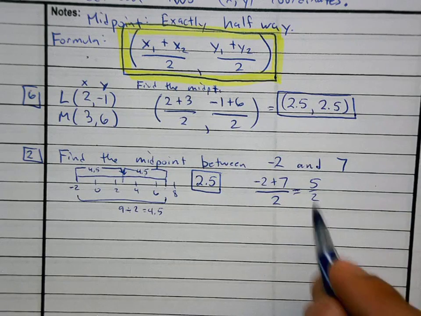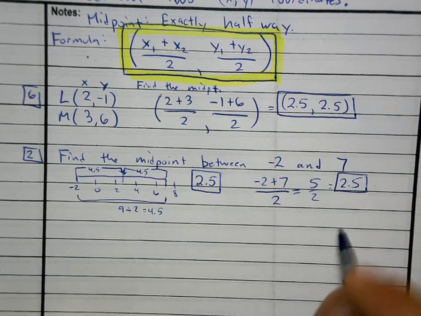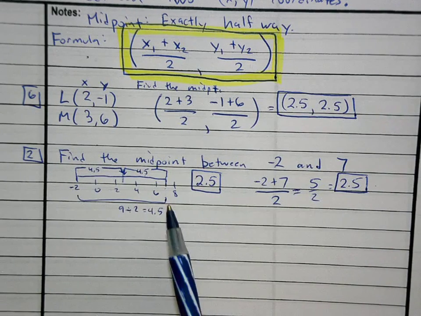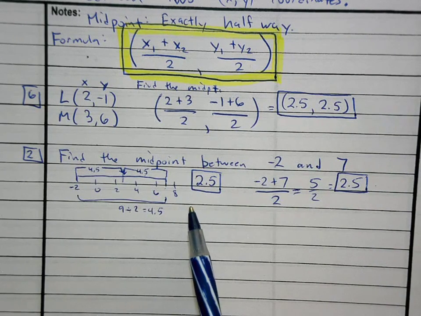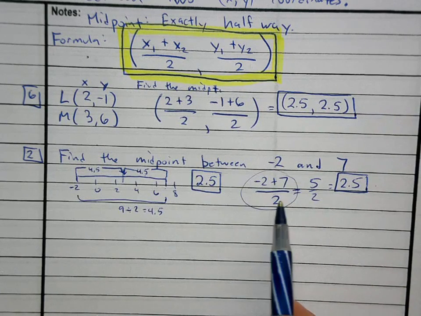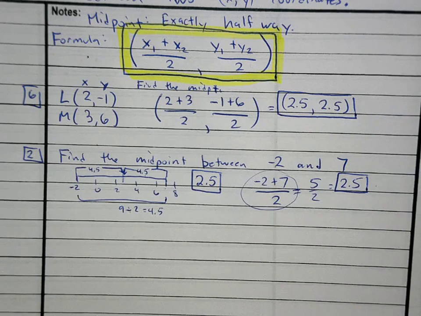And guess what 5 divided by 2 is? 2.5. This is a visual way to see what we are doing. But mathematically, I think that if you use this method right here, you will be just fine in finding your midpoints. Pretty simple? Okay, let's do one harder, and then we'll go from there.